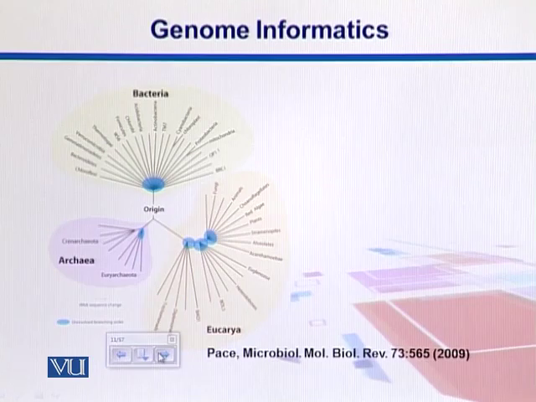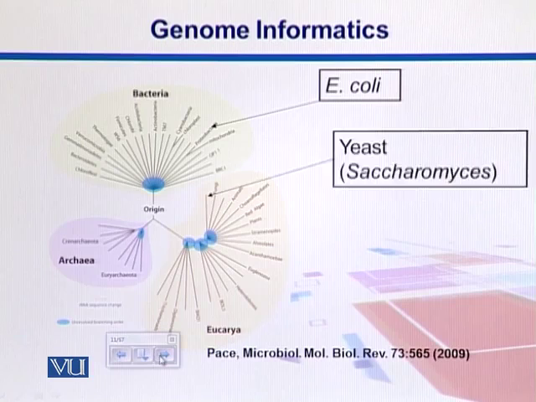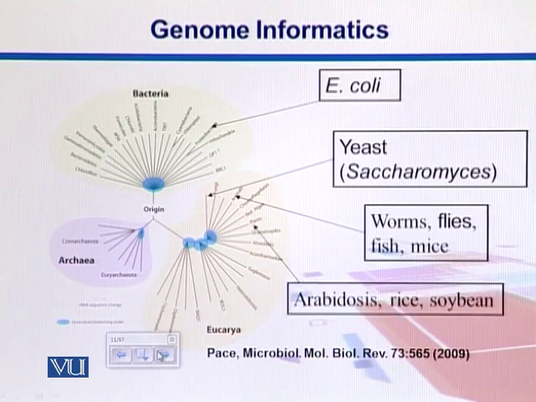We pick those model organisms from important branches of this tree of life. For example, E. coli is right here. We pick yeast as an example of fungi. From animals we have worms, flies, fish and mice. Arabidopsis, rice and soybeans are the examples from plants. So we try to get these organisms, the best representatives from different classes, from important branches on this tree of life.